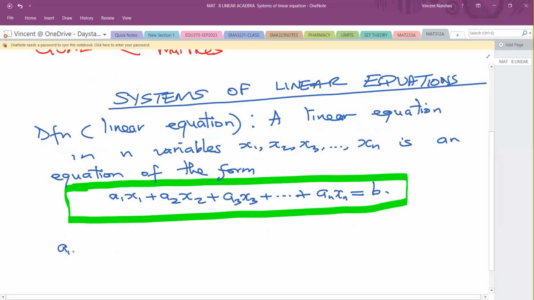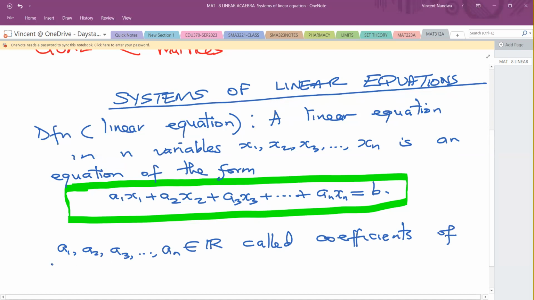All of these are real numbers, the coefficients of the variables x1, x2, x3, all the way up to xn, respectively.